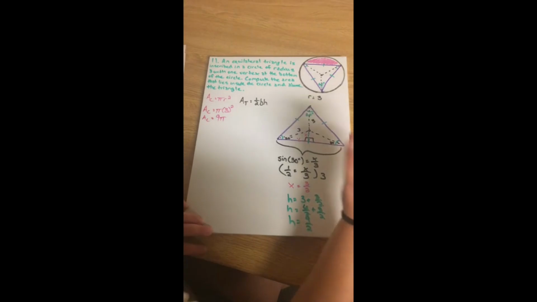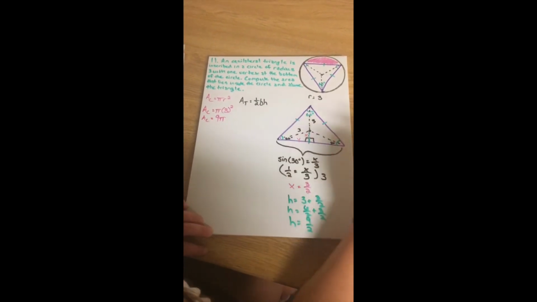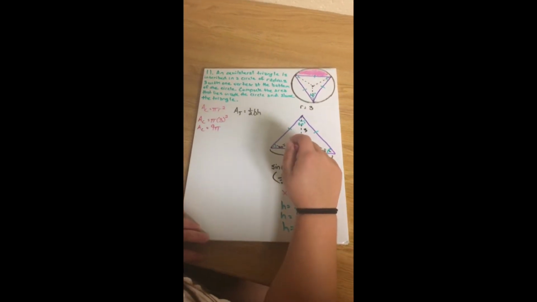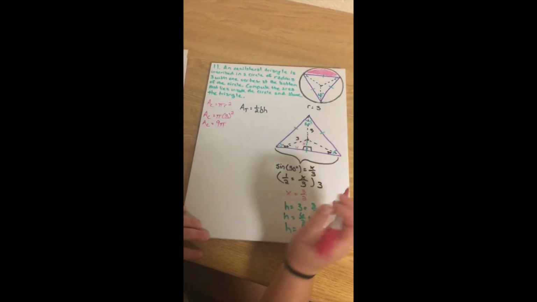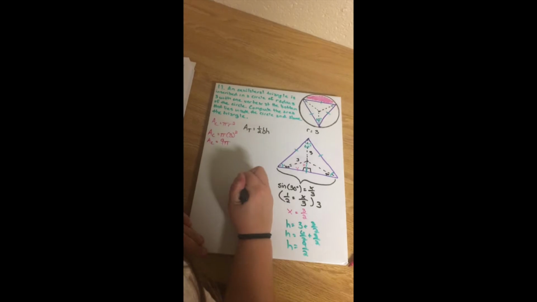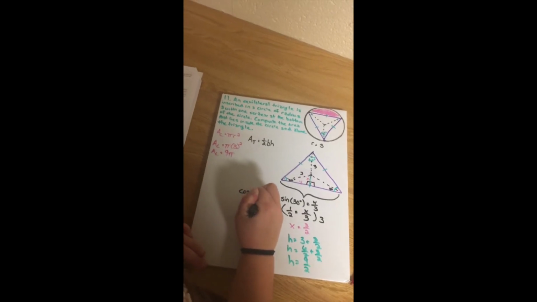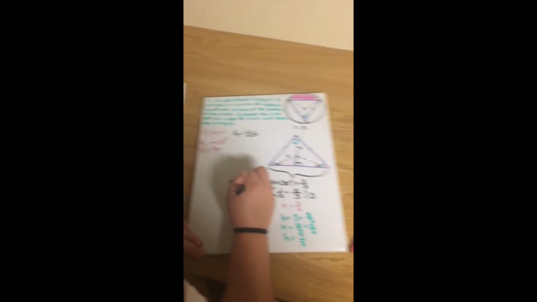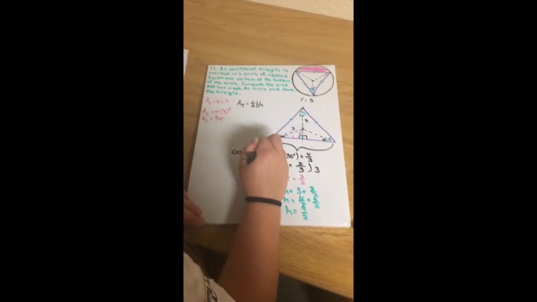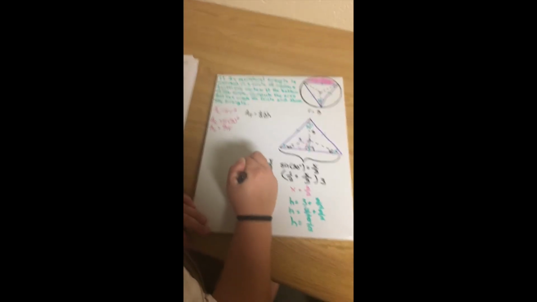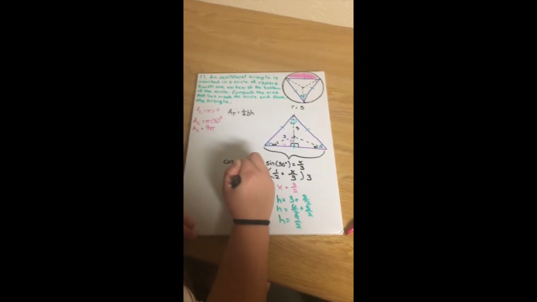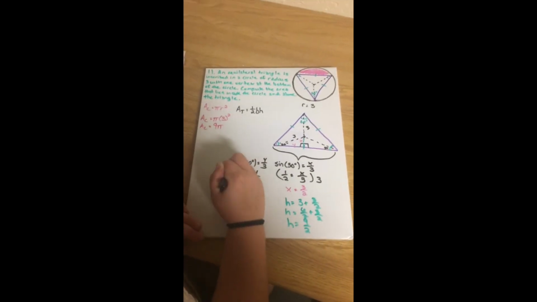So we know what our x is, and now we need to find our y. And we need to do that by using a function that involves both the hypotenuse and the adjacent side, which is cosine. So we can do the cosine of 30 degrees equals y over 3. And we know the cosine of 30 degrees is root 3 over 2. So we get y over 3.